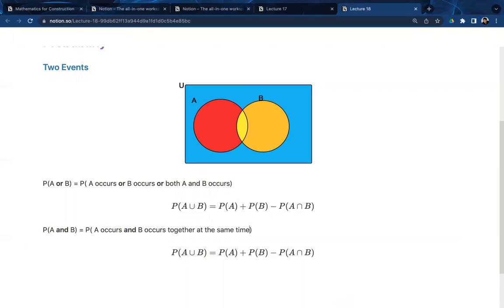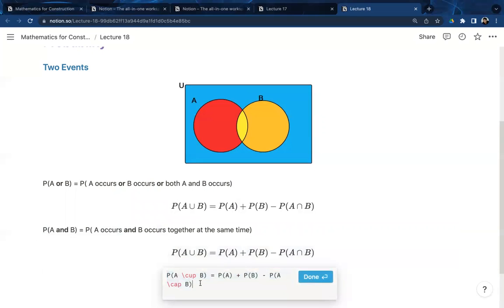That's the intersection, right? That's really the intersection that they talk about. So we write here the intersection.